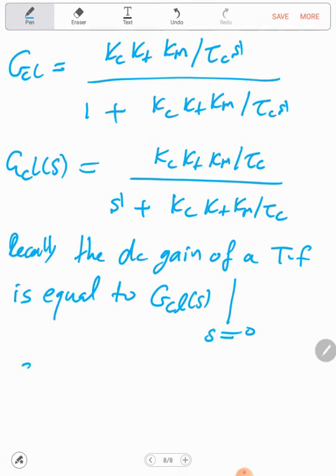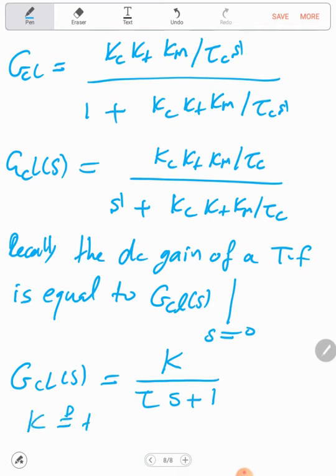So simply G closed loop of s can be written as k over tau s plus 1, where k is the closed loop DC gain, and in this case k is equal to 1.